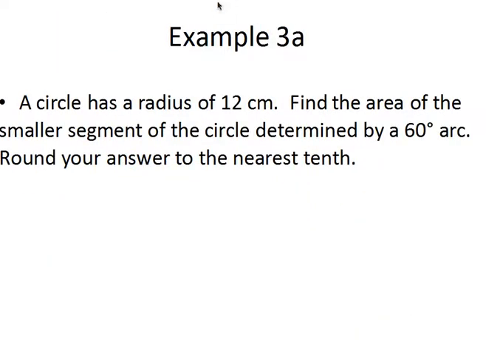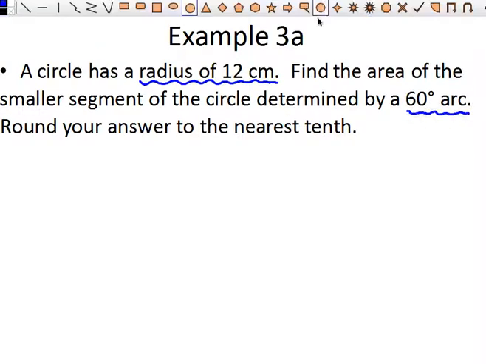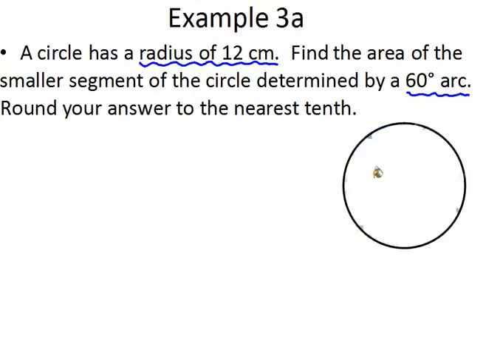So with this one, a circle has a radius of 12, so that's important. Radius of 12. We want the area of the smaller segment of the circle determined by a 60-degree arc. So if you picture your circle, and here's your segment out here. This is your crust. Okay?